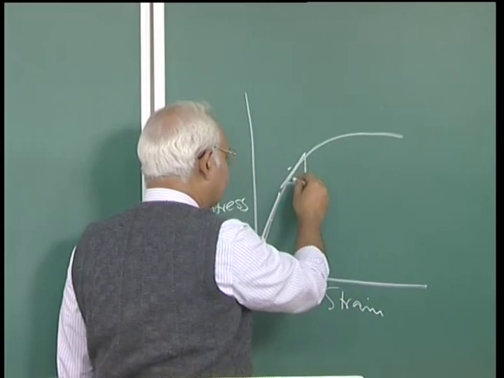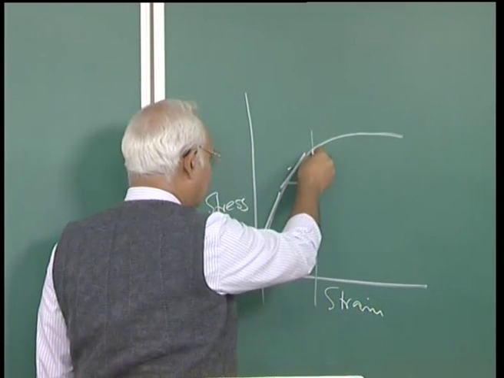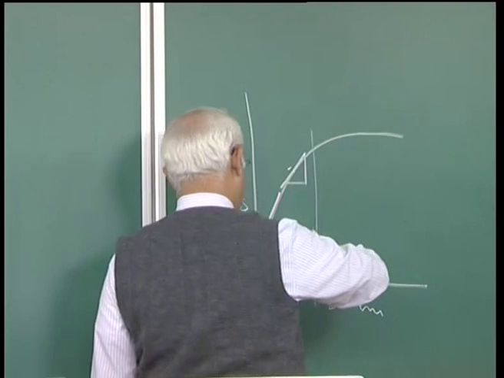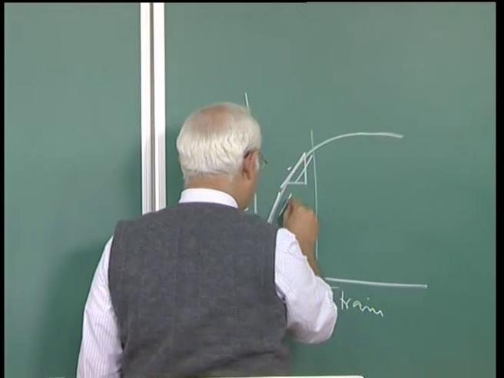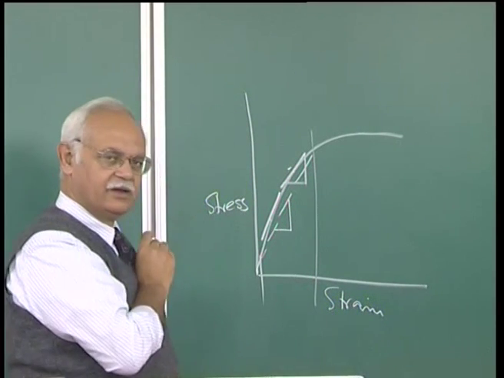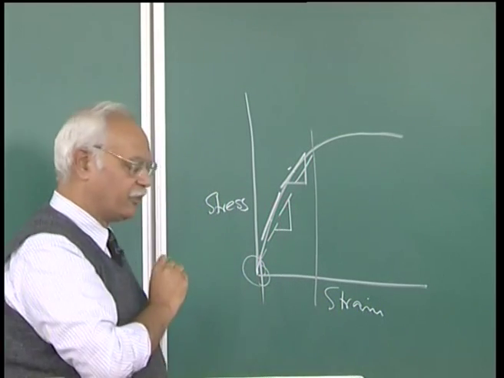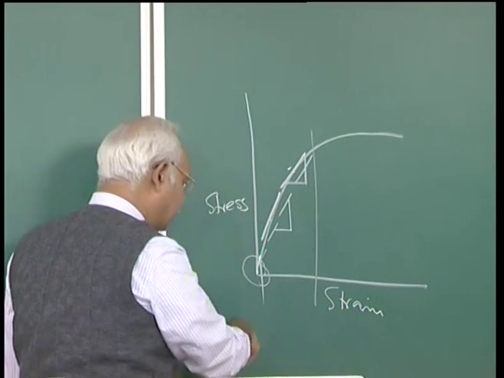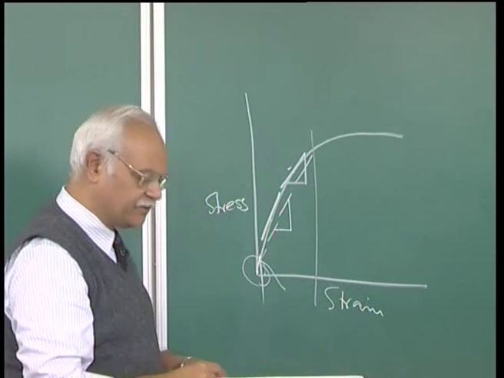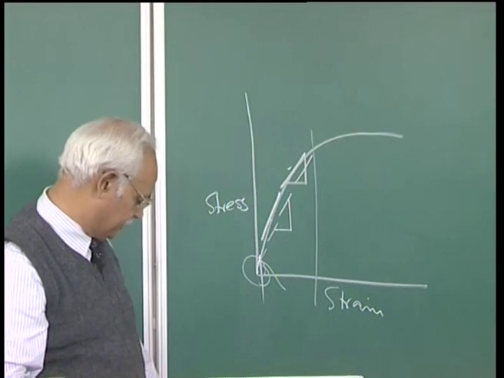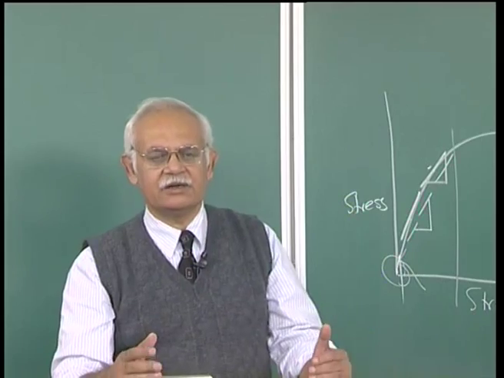Or we can talk in terms of a certain part of this graph and try to talk in terms of a modulus of elasticity which is essentially defined by the slope of this line. Another possibility is to talk in terms of the modulus of elasticity or the slope of the line at the initial point of the stress strain curve. So, there are different ways of defining the stress strain curve of concrete, and different specifications do different things.